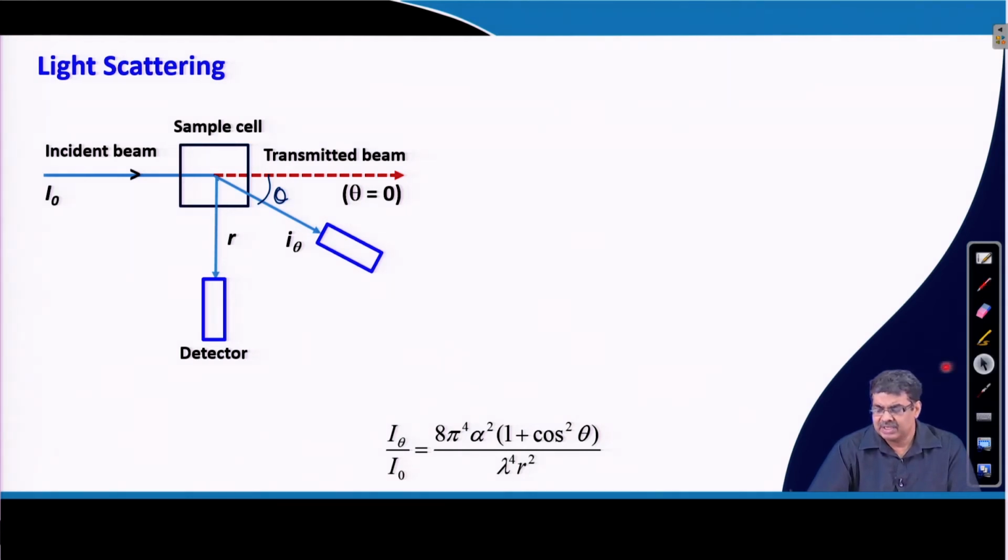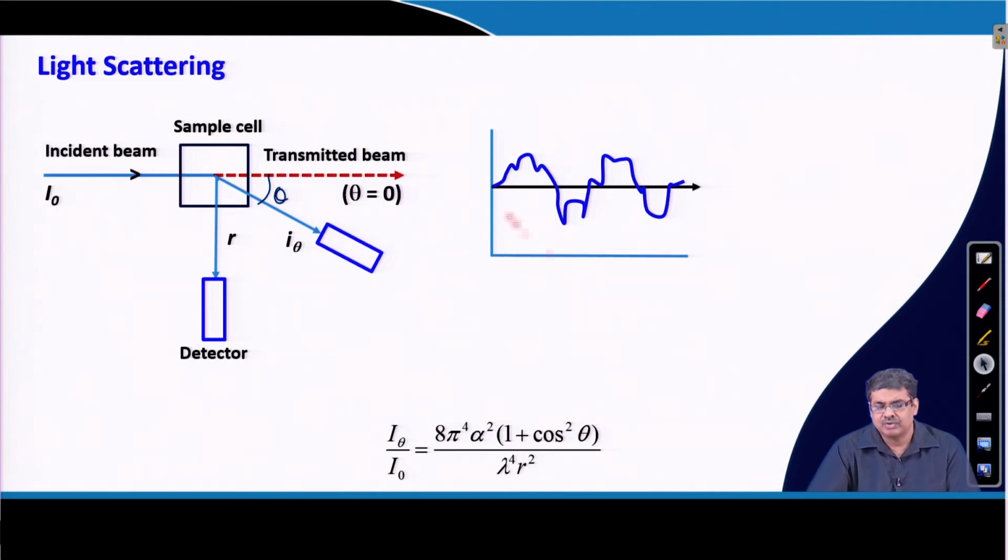Now, as the light gets scattered, we can have two types of measurement. If we plot the intensity of light with time, we can see fluctuating intensity with time, where the time scale is microseconds to milliseconds.